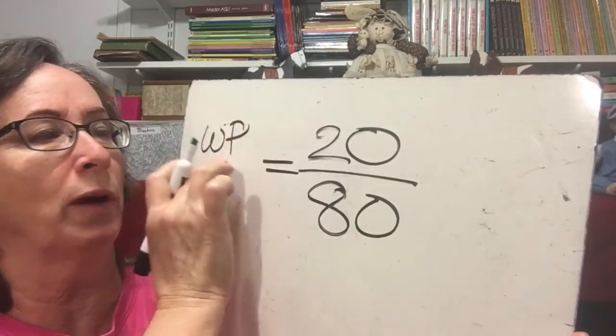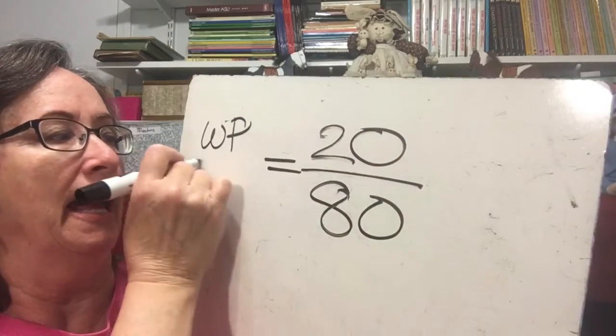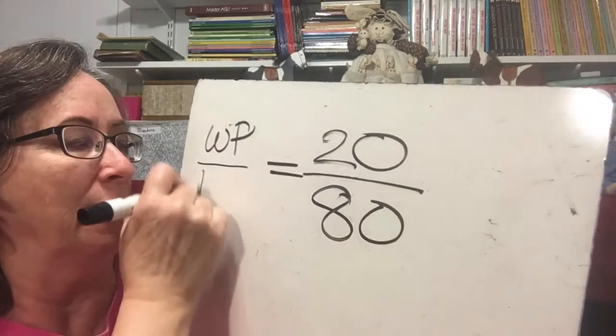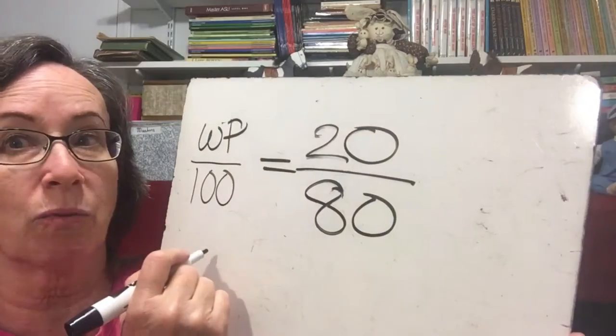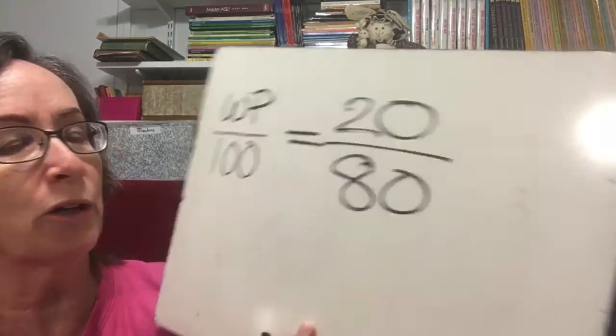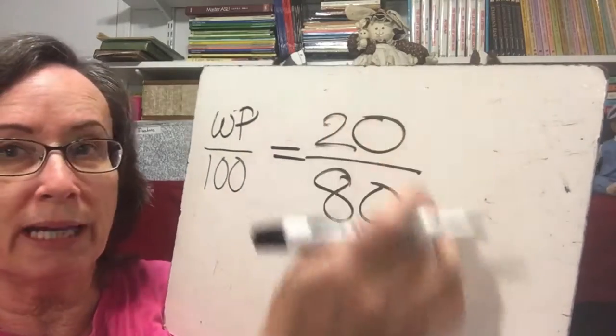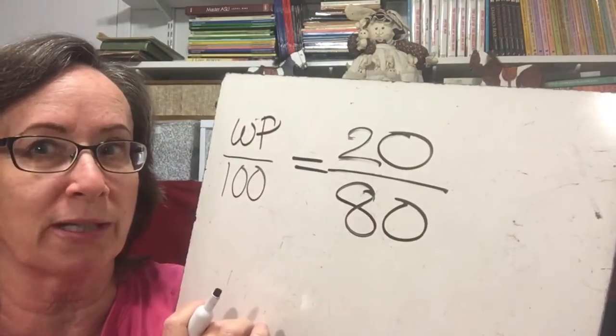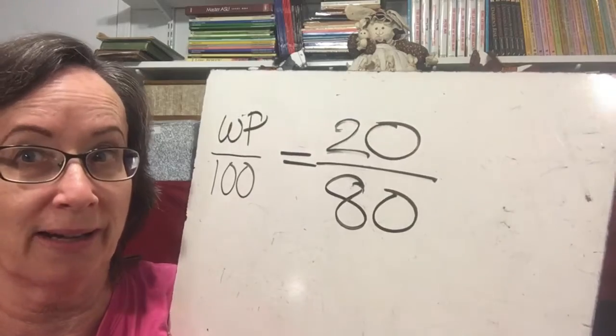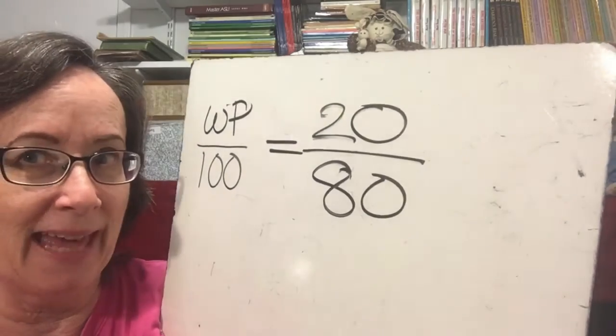We're trying to find what percent is the 20 out of the 80, and the 80 was the 100%. So we're going to make a proportion of 20 is to 80 as the what percent we're looking for is to 100. And hopefully that makes sense.